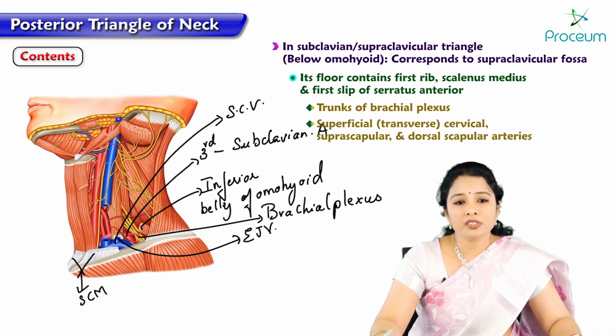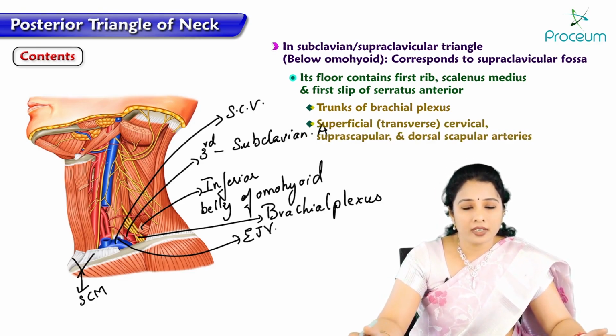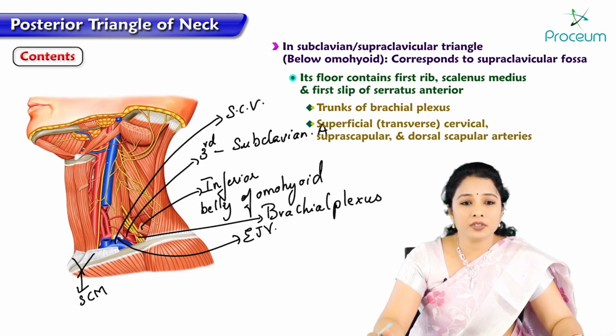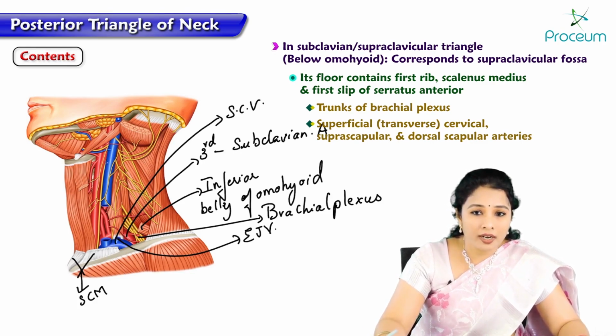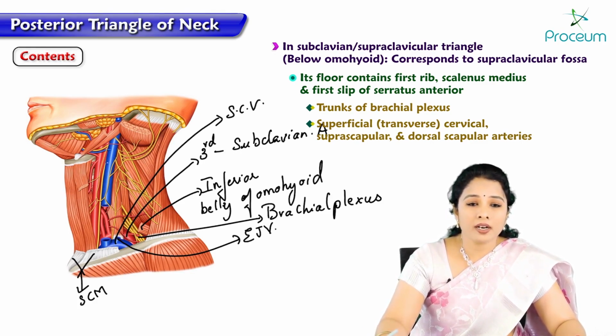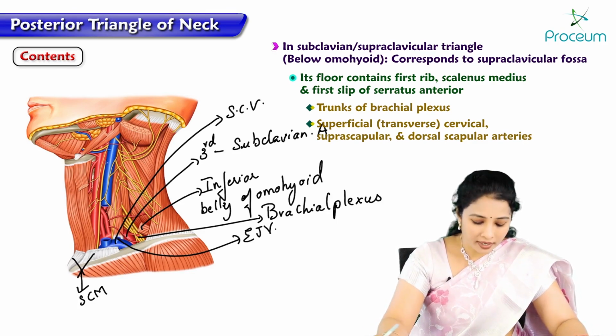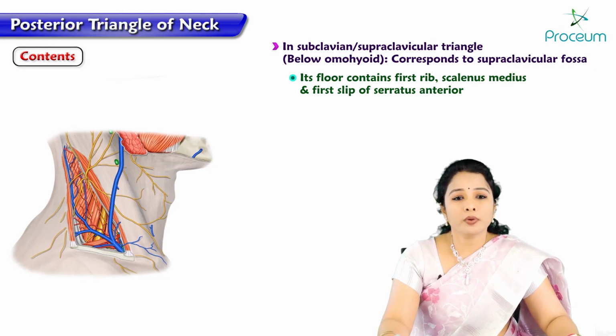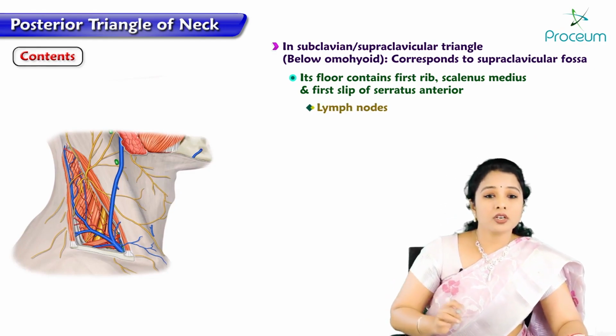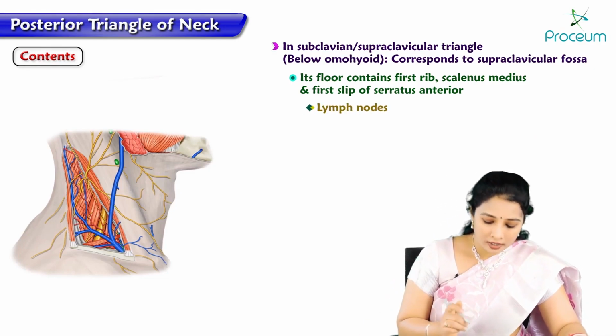And superficial cervical transverse cutaneous nerves, and also the superficial cervical or transverse arteries, suprascapular arteries and dorsal scapular arteries are also contents of subclavian triangle. Next and most importantly, the lymph nodes, which are called supraclavicular lymph nodes.